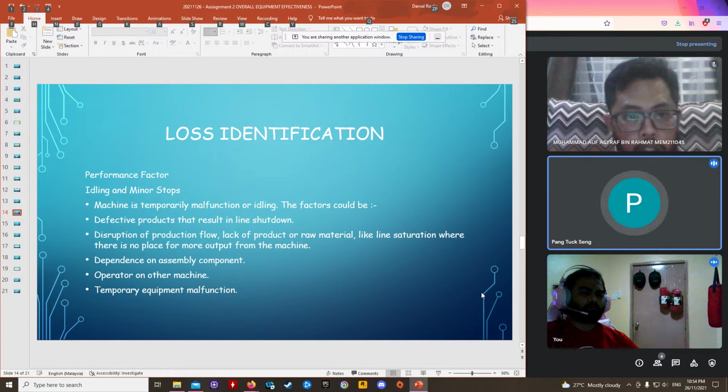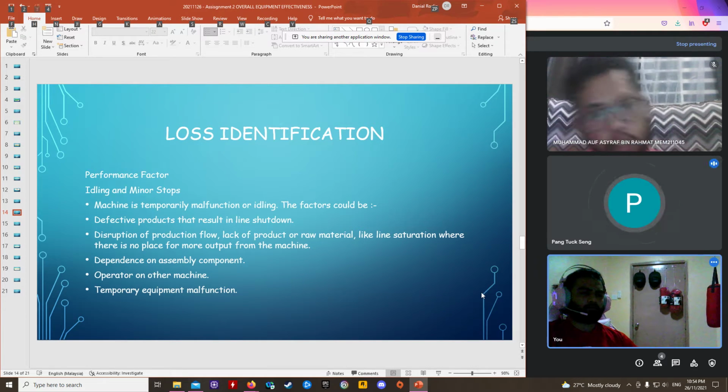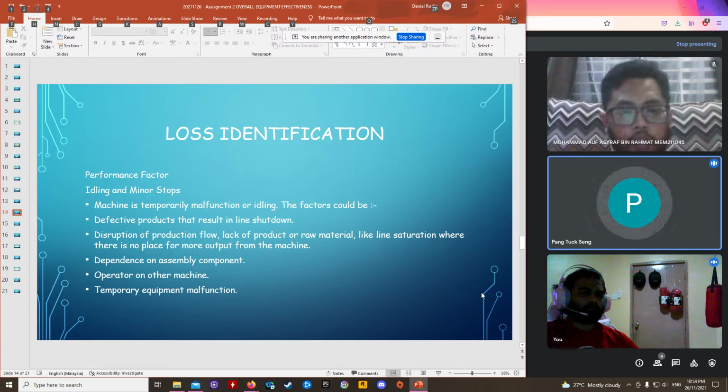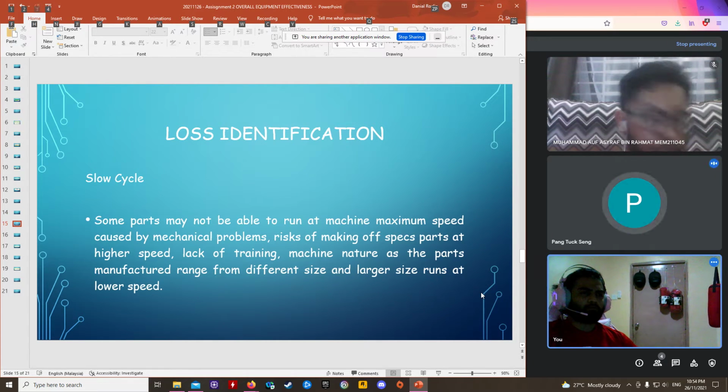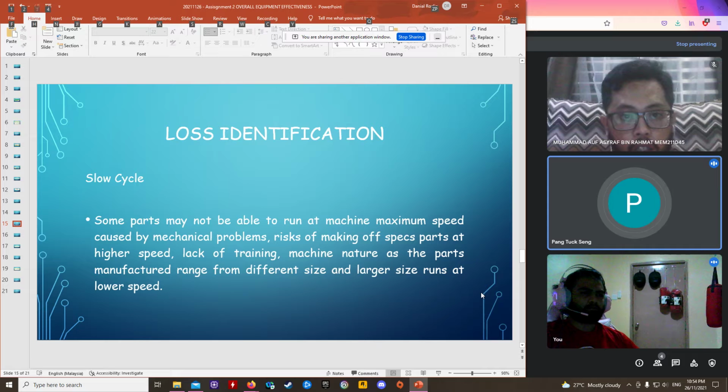The factors could be defective product, or disruption of the production line, for example lack of product or raw material, or line saturation where the product has no place to go and you have no choice but to shut down the machine. Dependence on assembly components, operator or other machines, or lack of training, competency or experience. And finally, temporary equipment malfunction. Okay, I end my presentation here. I pass it to my next colleague.